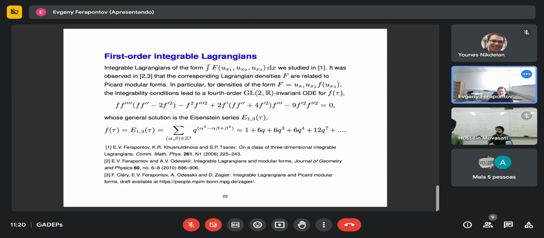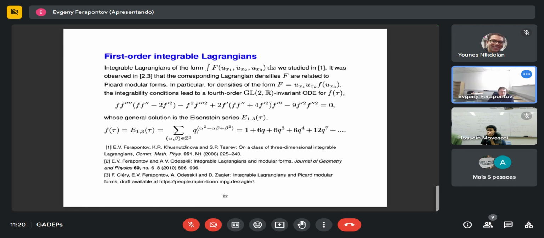And in fact, for this particular class of Lagrangians, the requirement of integrability leads to a system of differential equations for this f, for the Lagrangian density, an overdetermined involutive differential system.